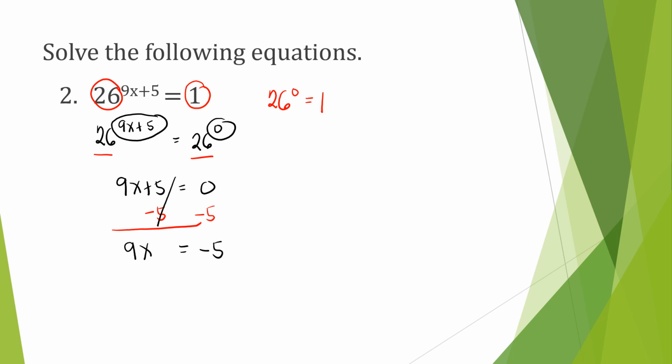Next, let us multiply 1/9 to both sides of the equation to find the value of x. So this will become x is equal to negative 5/9.